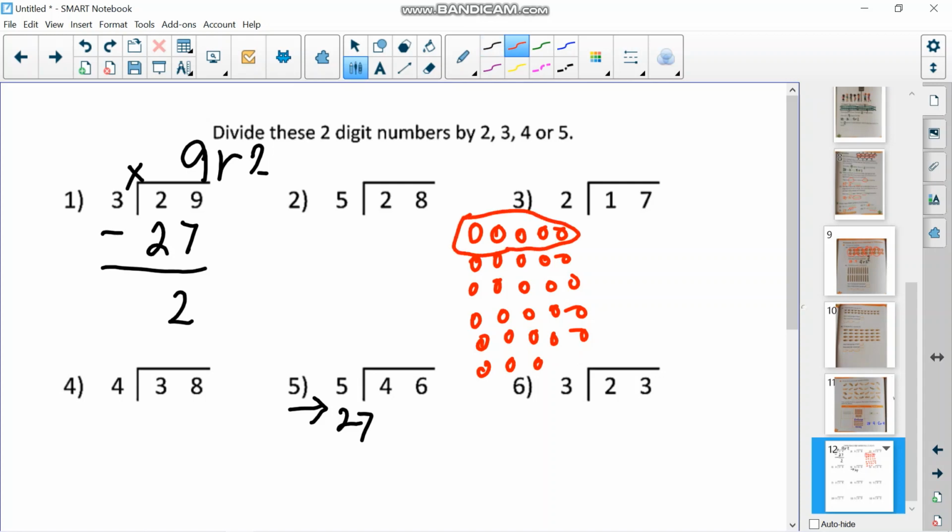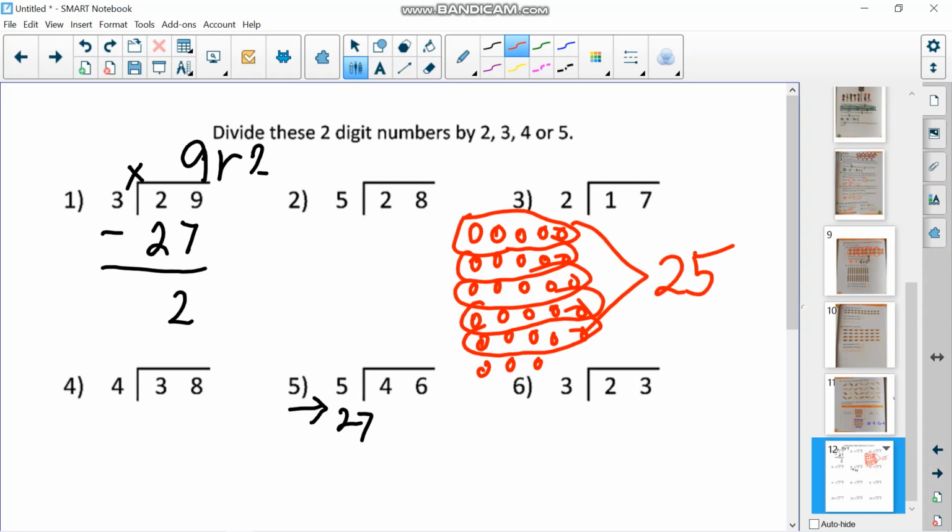So we have here 1, 2, 3, 4, and 5. And this group of 5, if we're going to count it, it's 25. Okay? So let's write here 5. 5 times 5, that is 25.